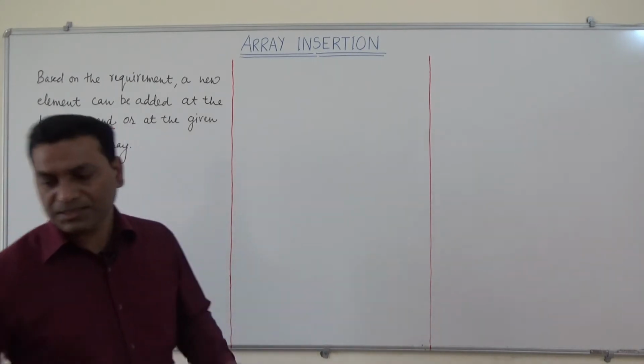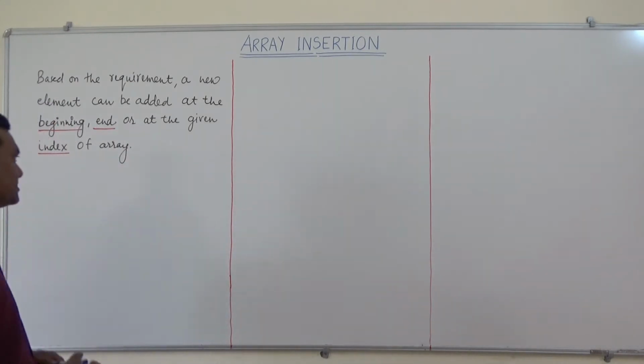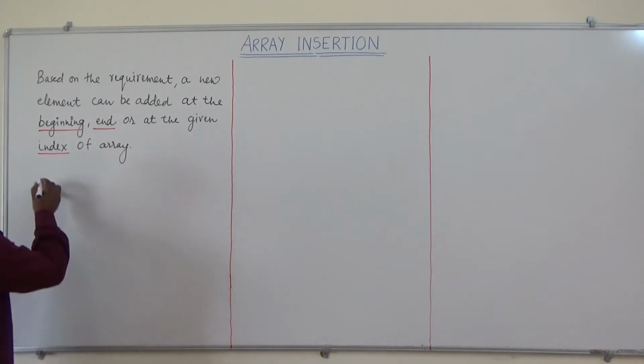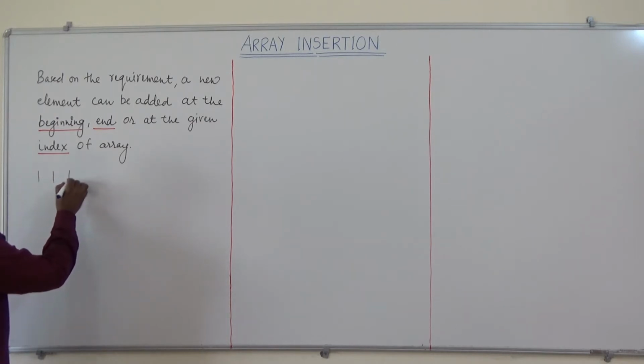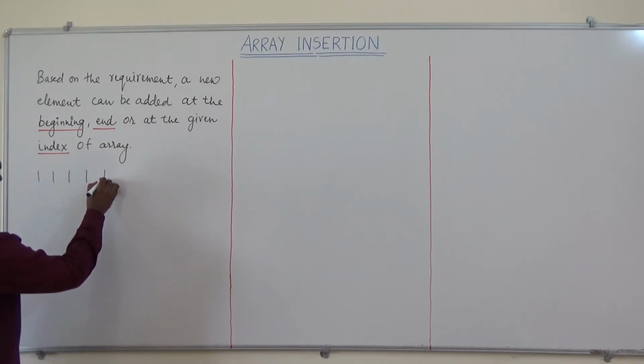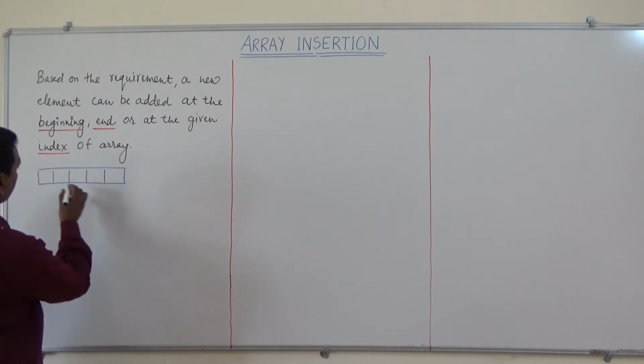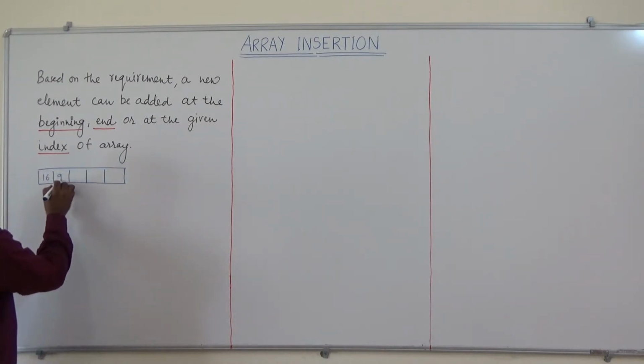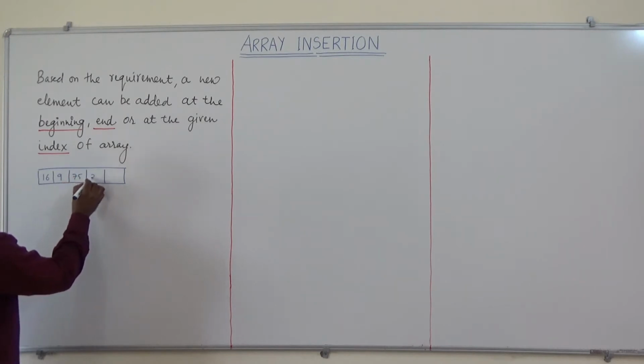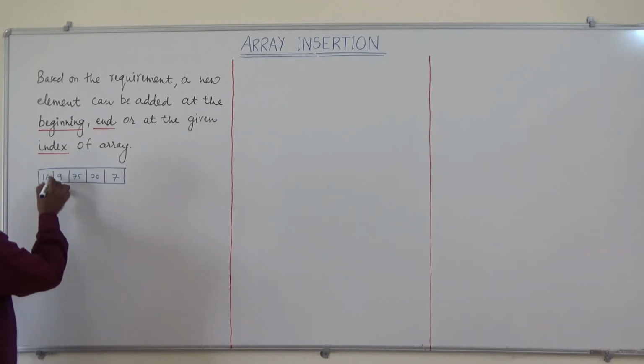So let us consider an existing array which is containing 5 elements. Suppose 16, 9, 75, 20 and 7.